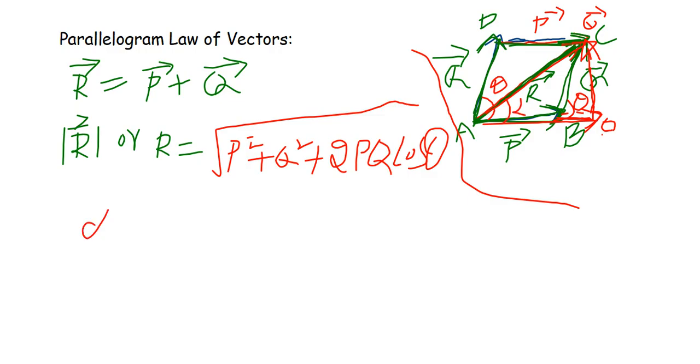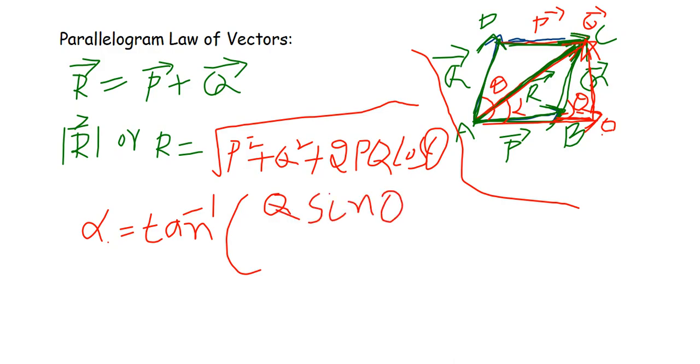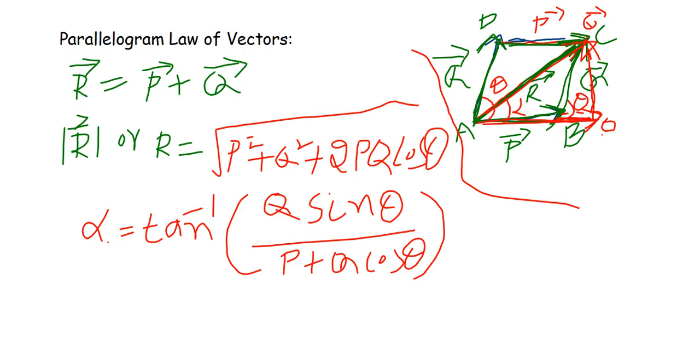Alpha is equal to tan inverse of Q sin theta by P plus Q cos theta. Alpha is the angle between the vector P bar and the diagonal.